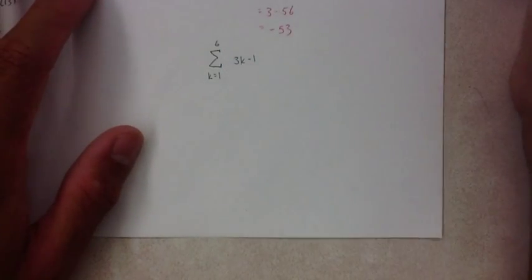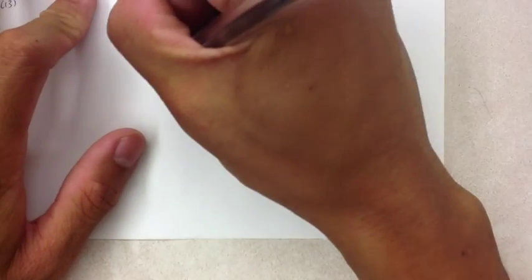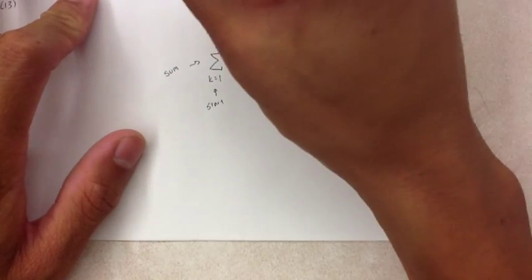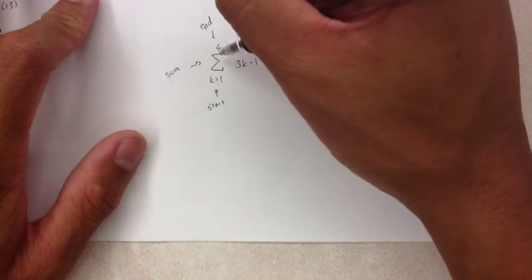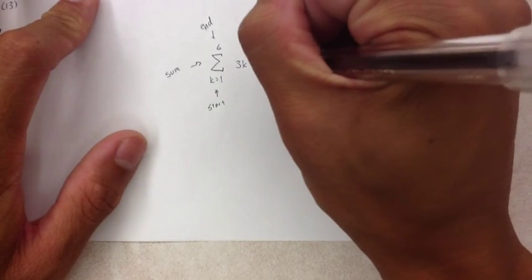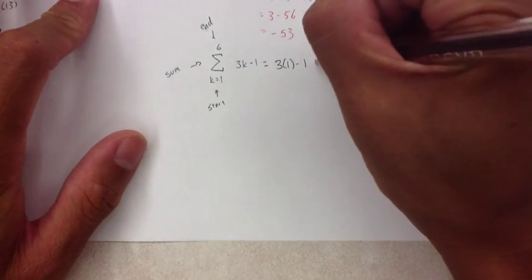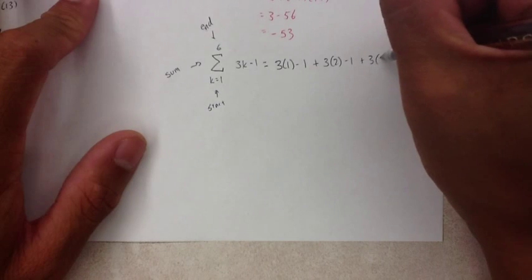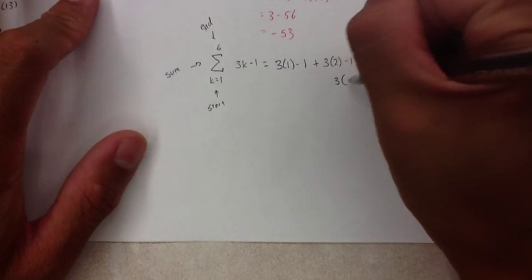Last part of this chapter deals with sigmas. These sigmas mean sum of all terms. So this means take the sum of all terms from the start, which in this case is 1, to the end term. So not 6 terms after the first one, even though in this case it is. It's the 6th term. So what you do is you take this, which is going to be equal to 3 times 1 minus 1, plus, because it's sum, 3 times 2 minus 1, plus 3 times 3 minus 1, plus 3 times 4 minus 1, and so on.